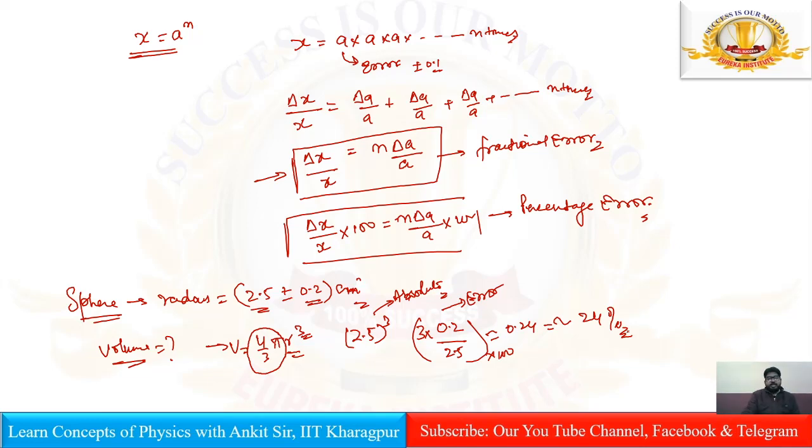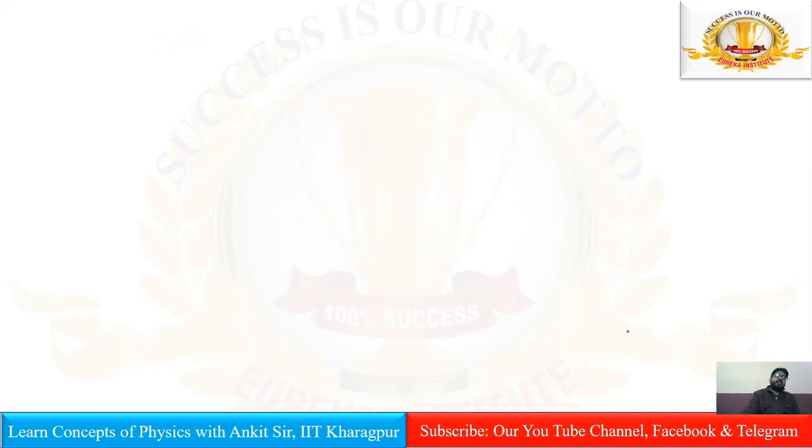Similarly, in this example, if you want to calculate the surface area of that sphere, then I'm writing this value again, that this is 2.5 plus minus 0.2 centimeter. And if you are asked to calculate the surface area, you know the surface area is 4 pi r square. Now again, 4 pi is a constant term, it has no errors, and this r is square.